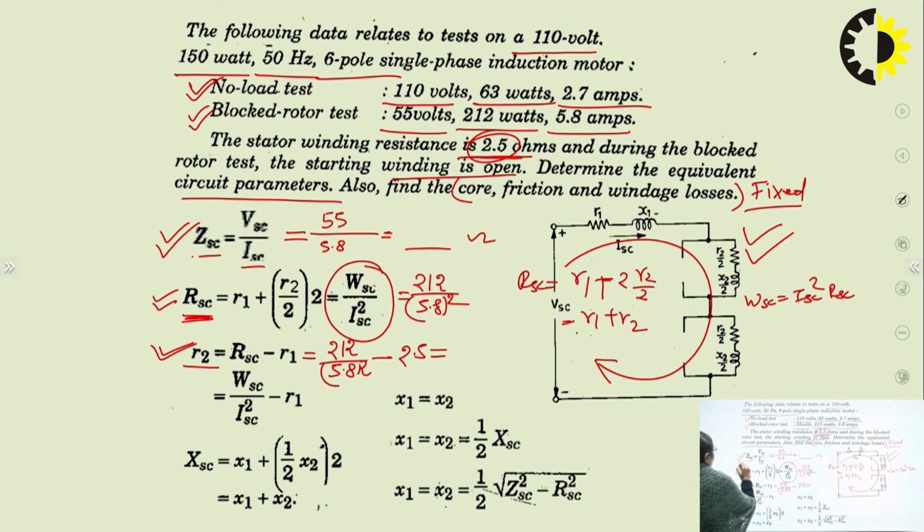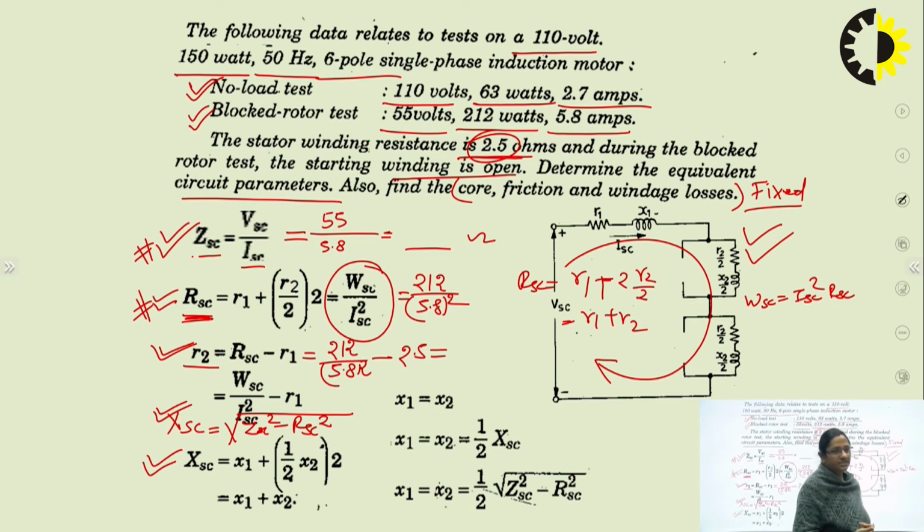Now, knowing ZSC and knowing RSC, I can calculate XSC, right? So what would be XSC? XSC would be equal to the square root of ZSC square minus RSC square. So from here, I can calculate the numeric value of XSC.